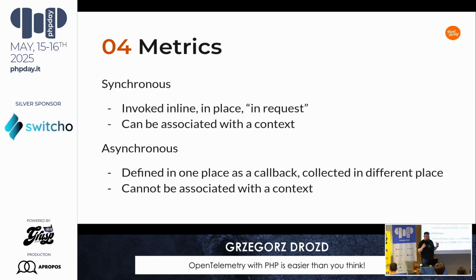And asynchronous ones are the ones that are out of context. An example might be that we want to have a number of items in a queue. It is a state of the system. It's not related to any particular user. It's just the information how many items we have in a queue.